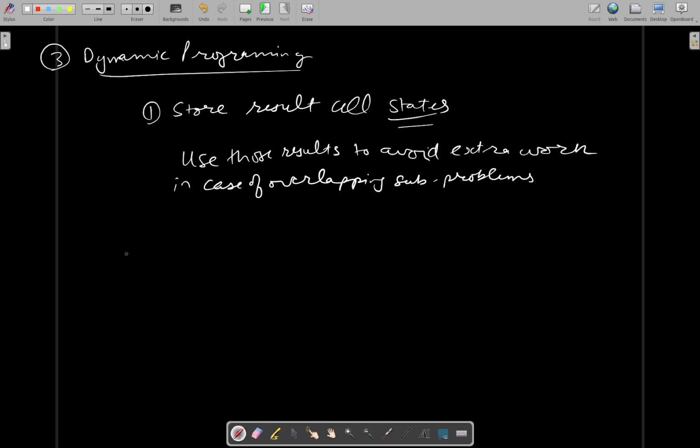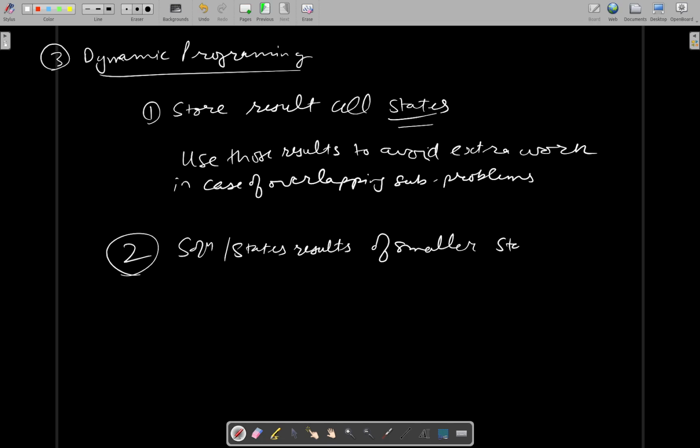It is a twofold process: other than storing the results for all states that are there, it will use the solutions of smaller states to form the solution of bigger states.